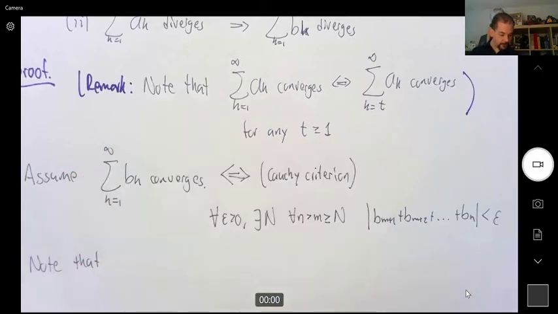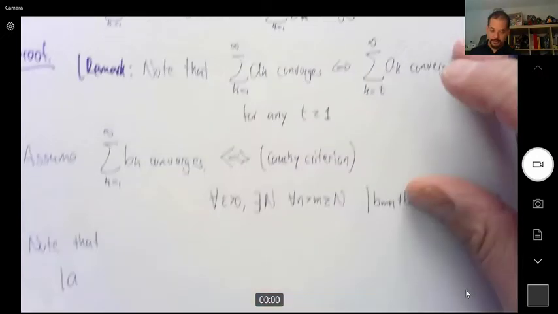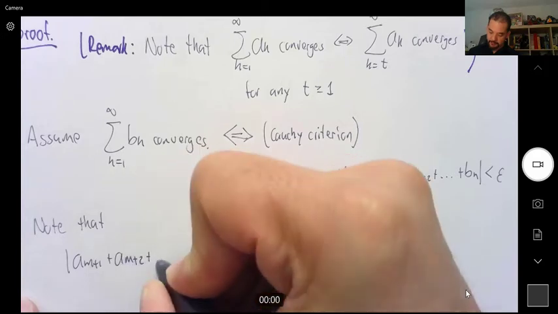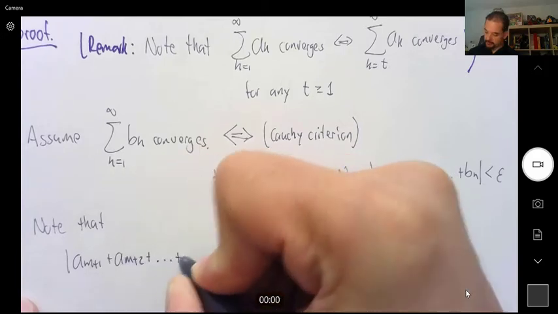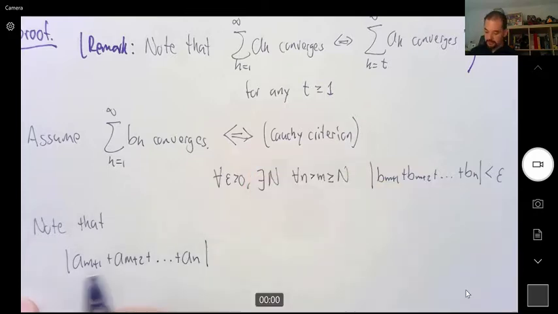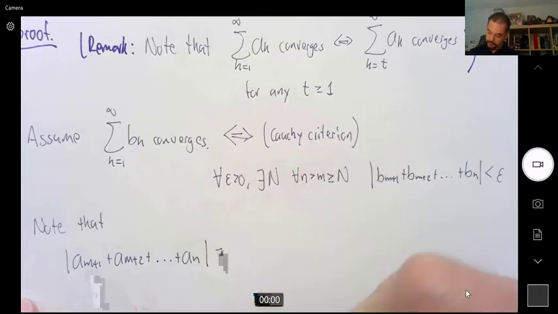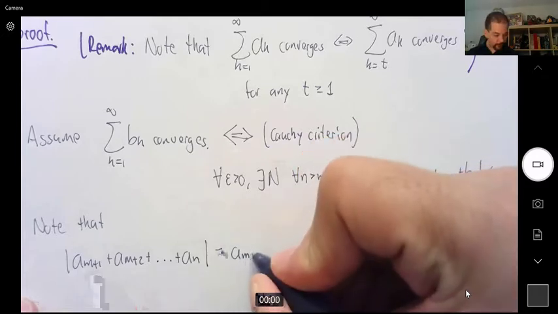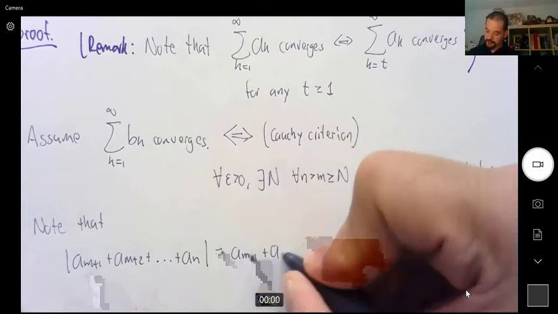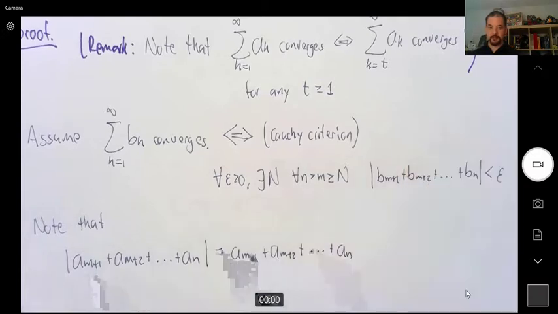If I look at the same tail but with A's, so if I write a_{n+1} plus a_{n+2} dot dot dot, and I stop at n, like I said, because these terms are positive, we can disregard the absolute value bars and write it without absolute value bars. So this is going to be a_{n+1} plus a_{n+2} dot dot dot a_n, right?